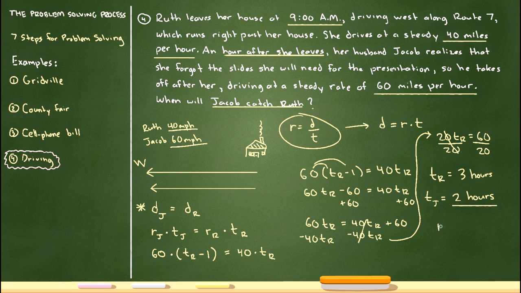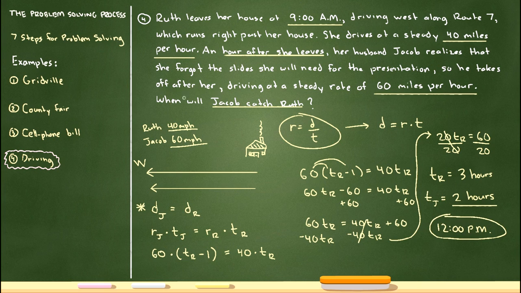I mean 12 p.m. 12 p.m. Okay, and another way to see this is Jacob left at 10 a.m. and we know he was traveling for 2 hours, right? So again, we get 12 p.m. for the time at which they met. So this here is really the answer that this type of question is looking for.